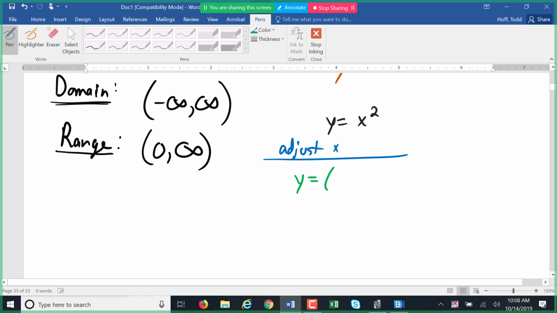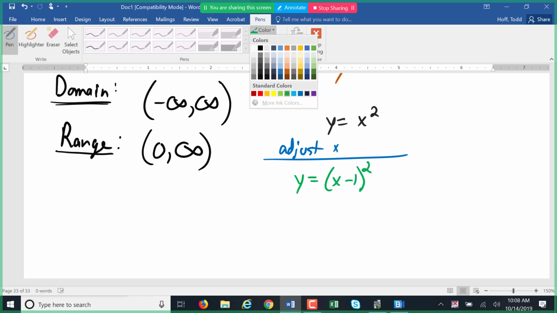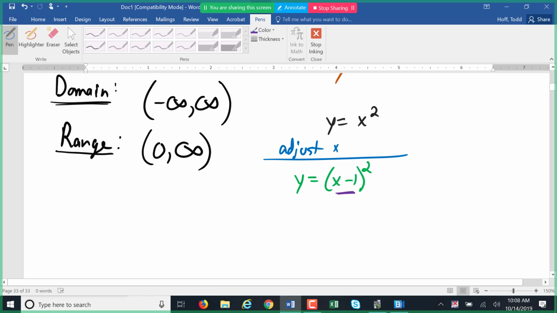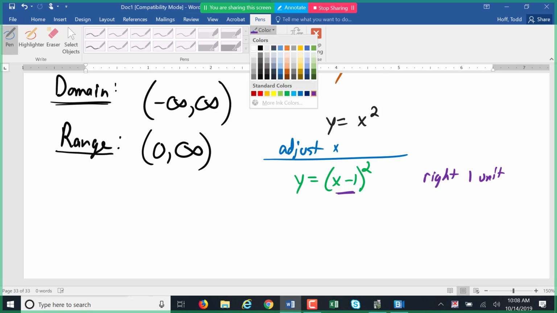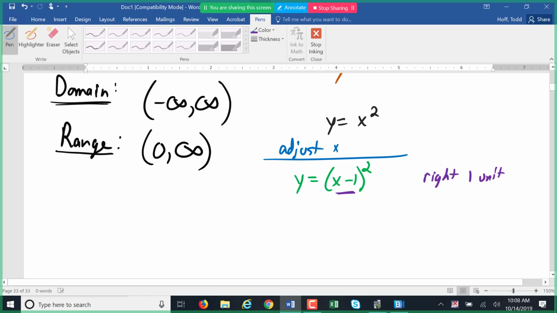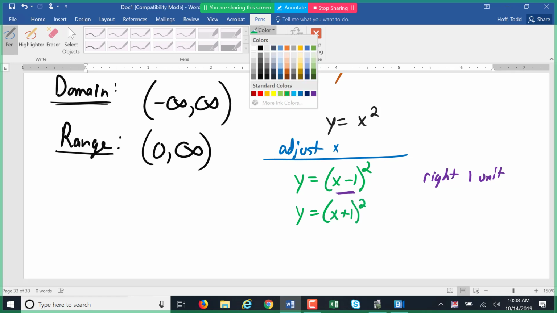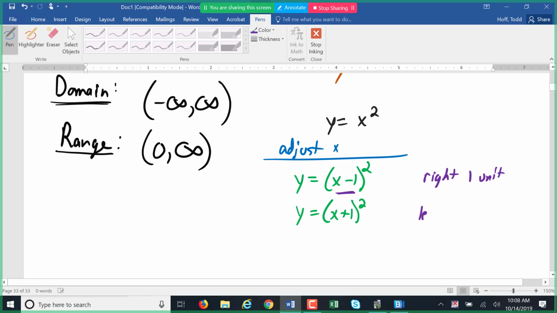If I had y equals (x minus 1) squared, remember, whatever happens in here, we move the opposite direction. That moved it to the right 1 unit. If it was y equals (x plus 1) squared, that moved it to the left 1 unit.